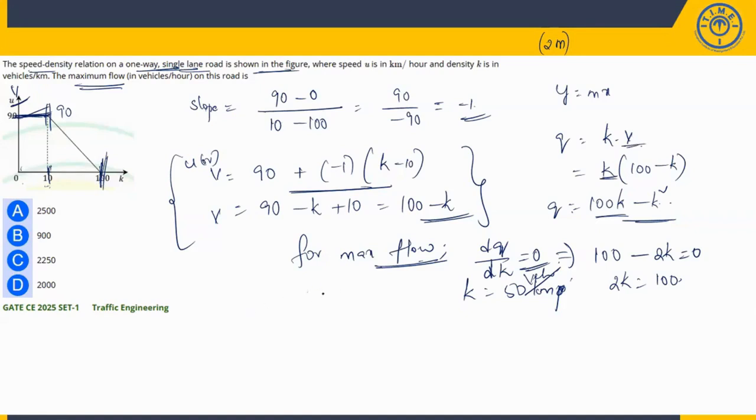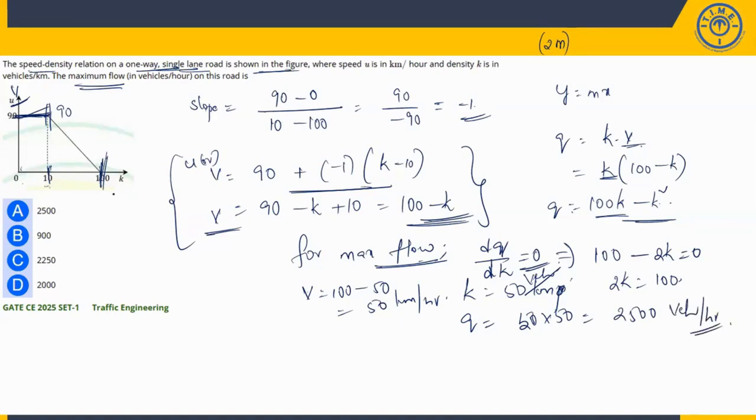For k equal to 50, v equal to 100 minus k, because we established the relation. 100 minus 50, that is 50 again, kmph. And q is equal to 50 into 50, that is 2500 vehicles per hour.